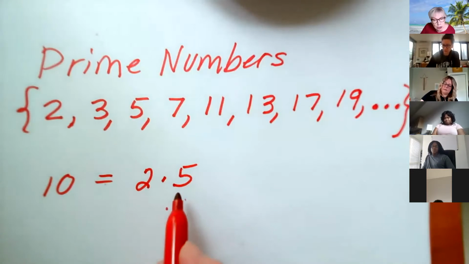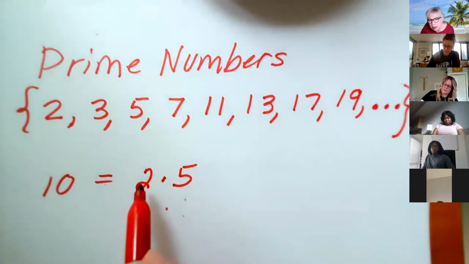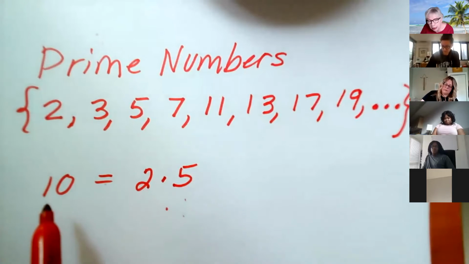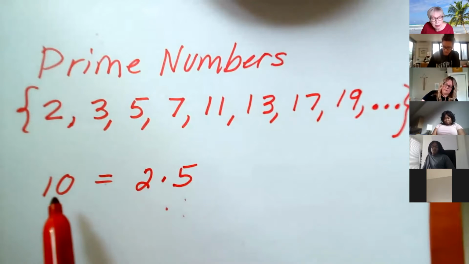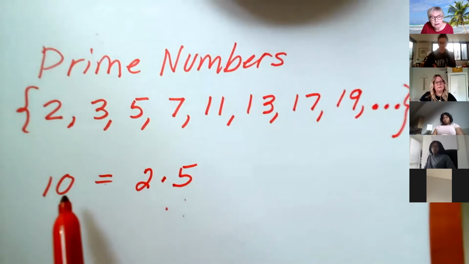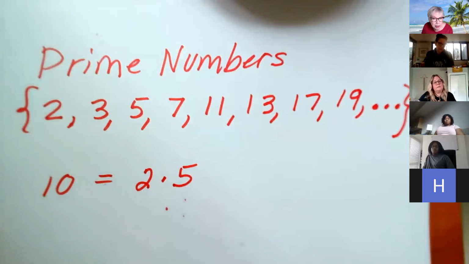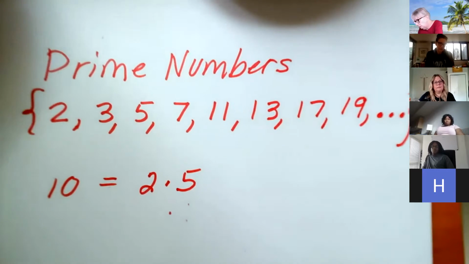Now, it's not just 2 of them. It could be 3 or 4 or 5 of them. But these are the building blocks of 10. This is telling me that there's a factor of 2 because it's even. There's a factor of 5 because 5 goes into it nicely. And so it's going to help us with fractions.